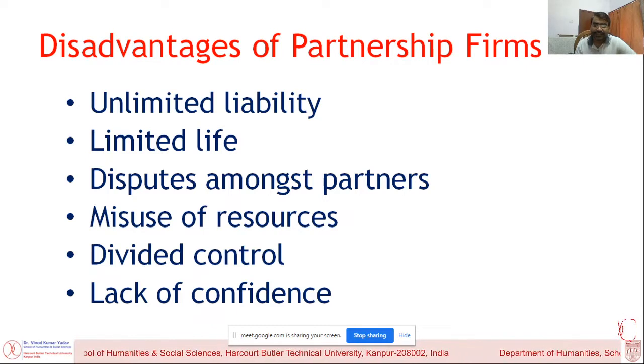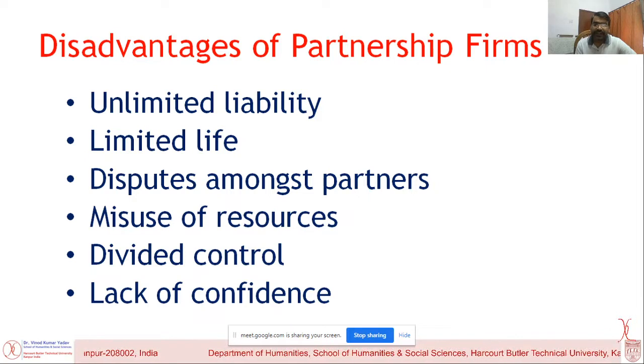So there comes a dispute amongst partners, maybe related to investment, efforts, contribution, or the profit sharing proportion. This is very common and this is a disadvantage. Altogether, everything is written down on paper, but the contribution and efforts cannot be measured by any mechanistic process.